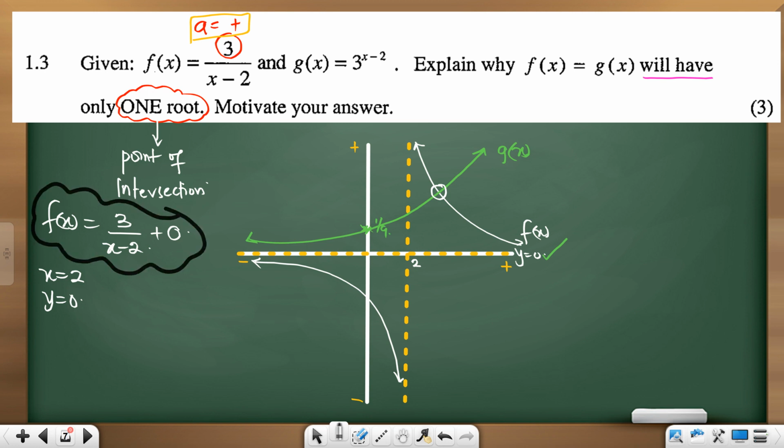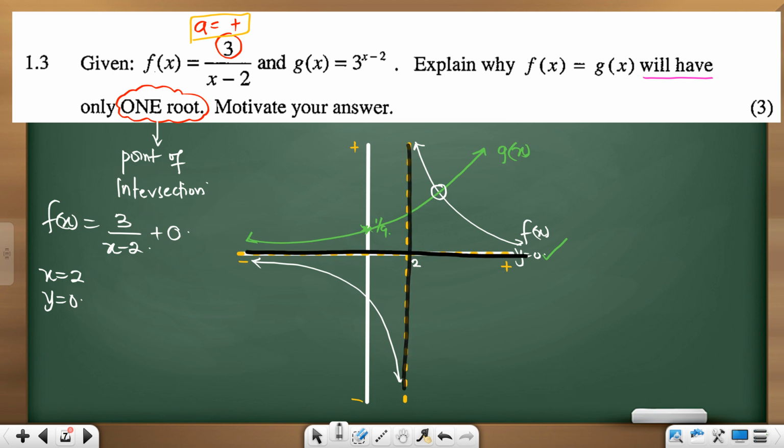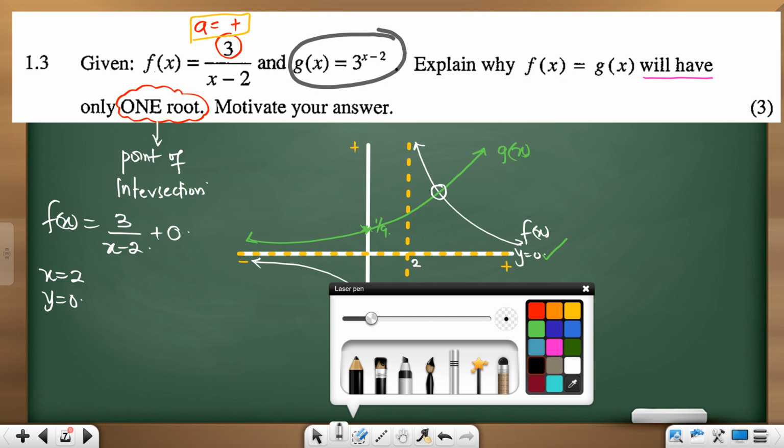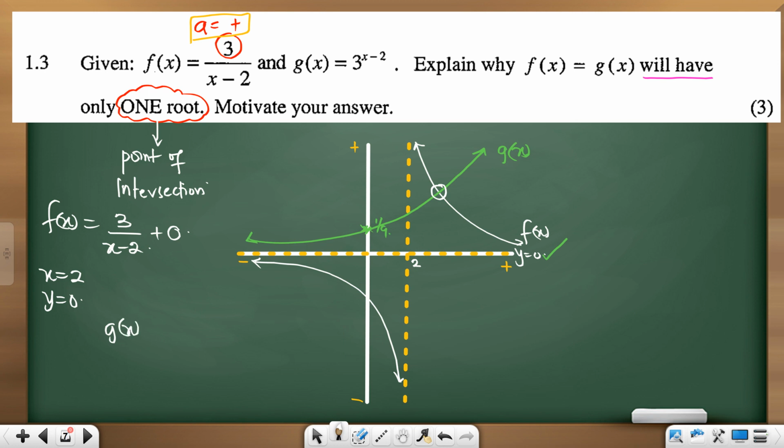So there's f of x. All right, so we have x equals 2 and y equals 0 there. So we have our, Alima, I hope you can sketch a parabola or hyperbola. And then we have our exponential function. Again, I've told you how to get your exponential function.